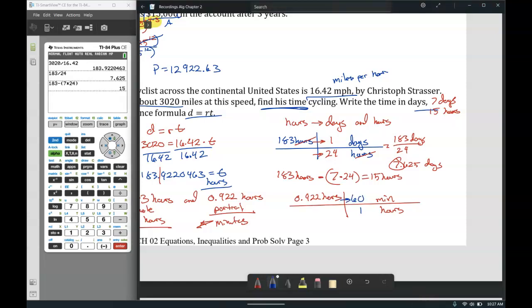So all I have to do is multiply 0.922 times 60 minutes, and we get 55.32 minutes over a denominator of 1, which doesn't really do anything. Since we don't need seconds, we can stop with the 55 minutes. So the time it took him was 7 days, 15 hours, and 55 minutes.